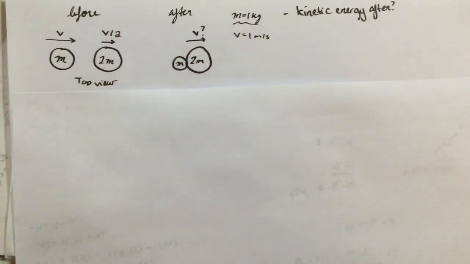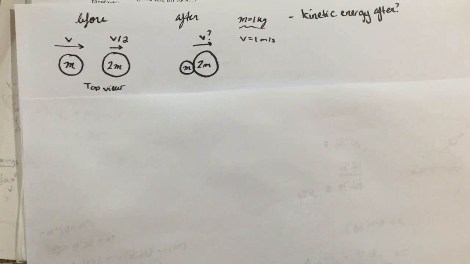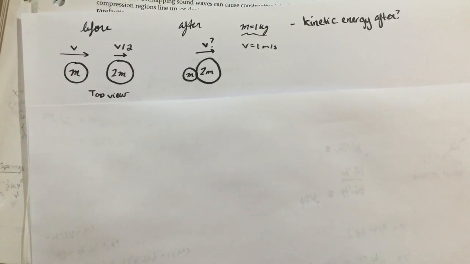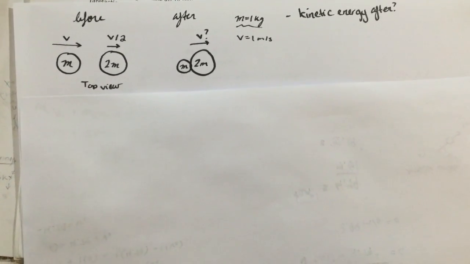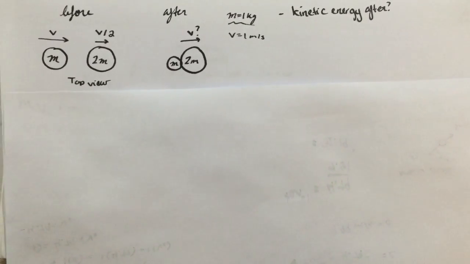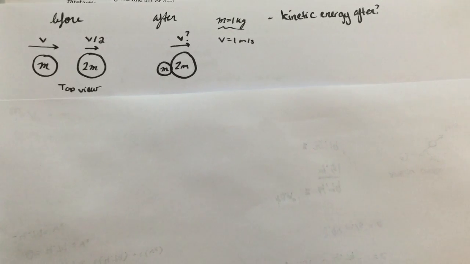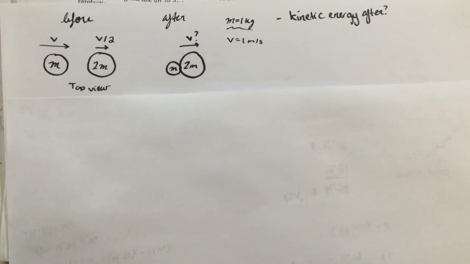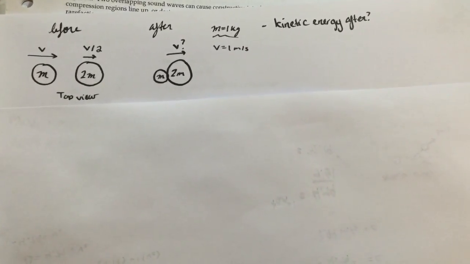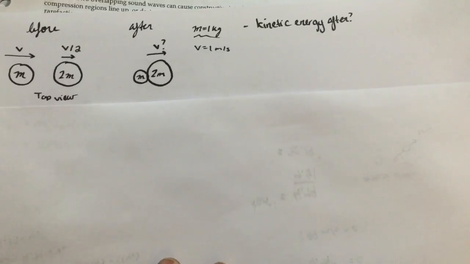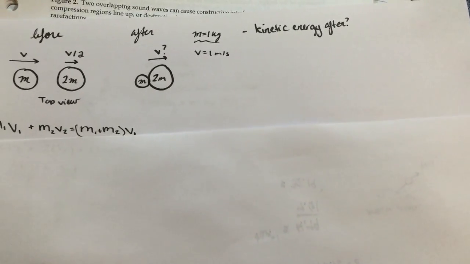Okay, so in this question there are two masses moving horizontally to the right with different speeds, and they eventually collide, and the question asks for what is the kinetic energy after the collision. So since they collide, we're going to have to use the conservation of momentum equation.